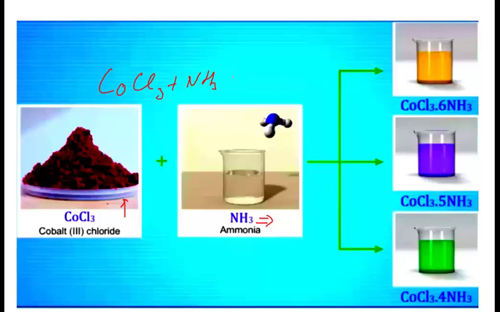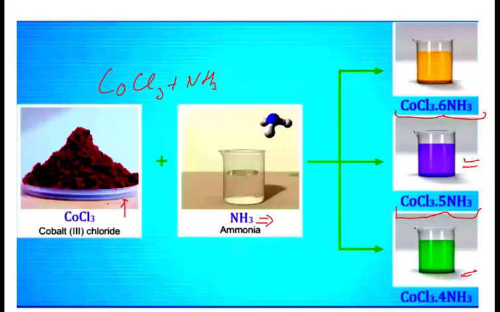One compound that was found was CoCl3.6NH3, whose color was reddish. CoCl3.5NH3 was bluish, whereas CoCl3.4NH3 was greenish in color.